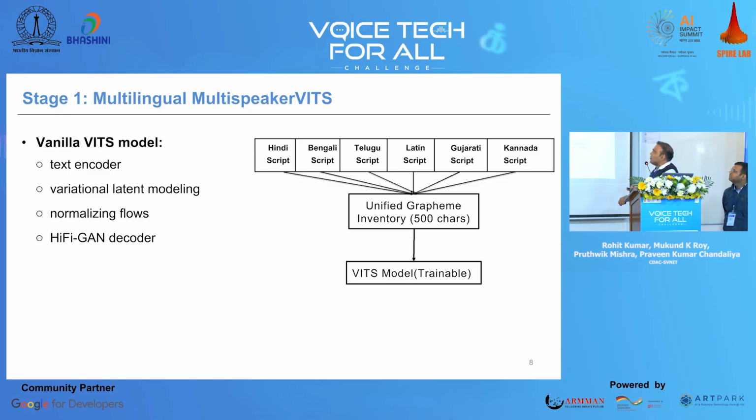We also conditioned on the language embedding as well as the multi-speaker embedding. So in our VITS model, any speaker can speak any of the languages, meaning a Bhojpuri speaker can speak English text, Bengali text, and Kannada also.